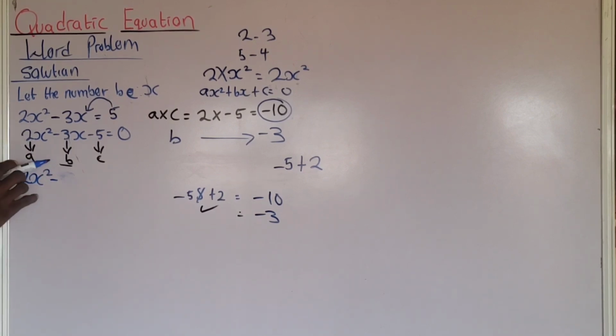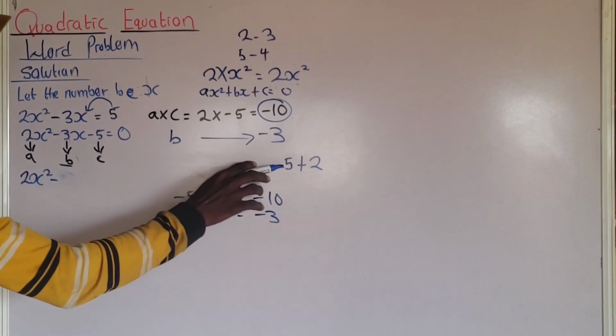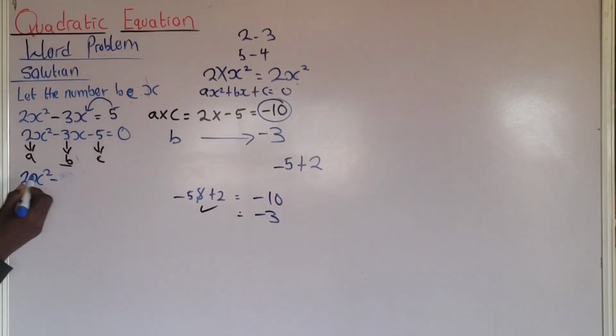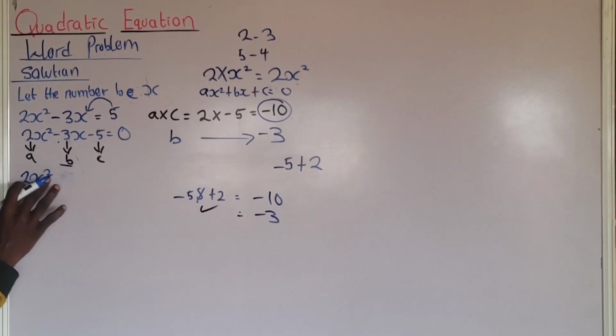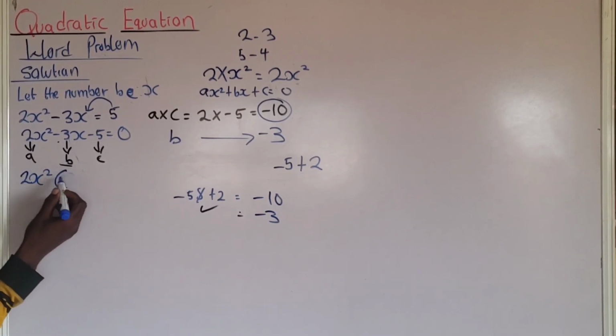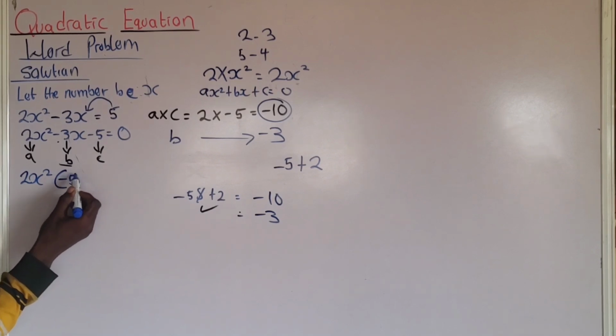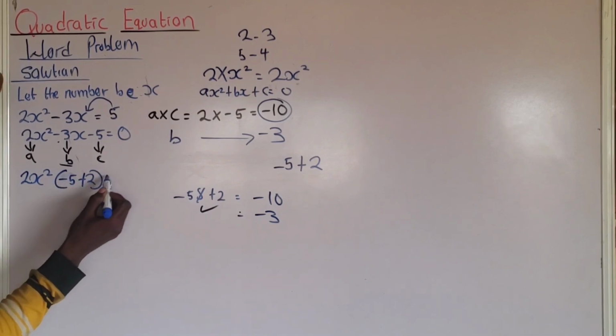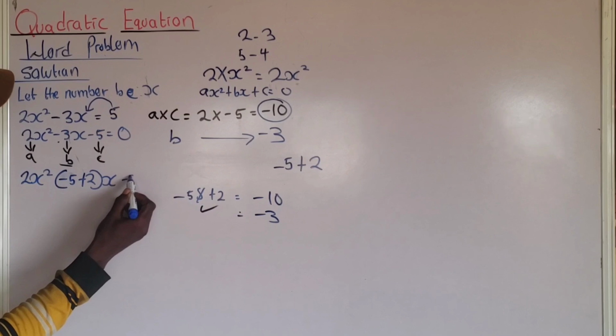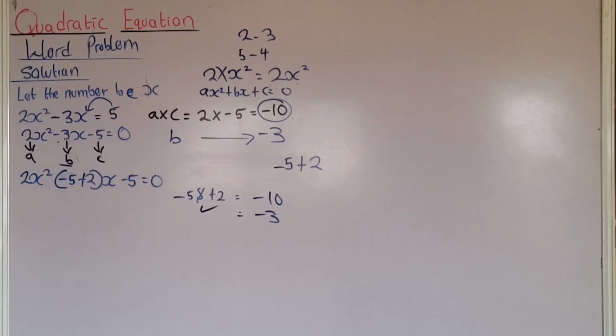I'm going to replace this B by this negative 5 and 2. So instead of negative 3, I'm going to have negative 5 plus 2, all times x, minus 5 equals 0. You understand?